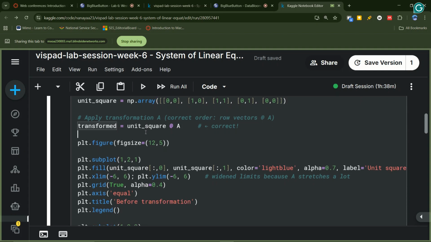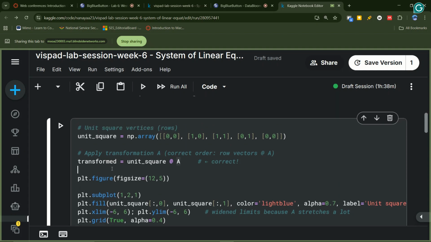Transformed over here is this times A. You remember that we transformed it by doing a matrix multiplication by A, which is already defined at the very top, -5, 2 and -4, 1.